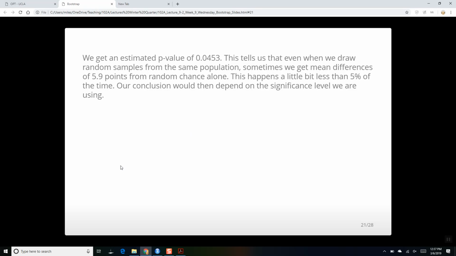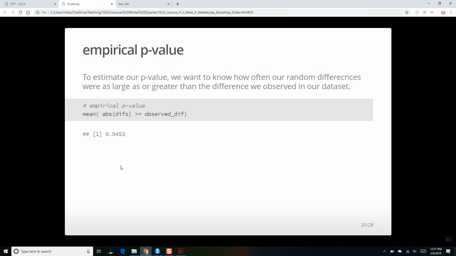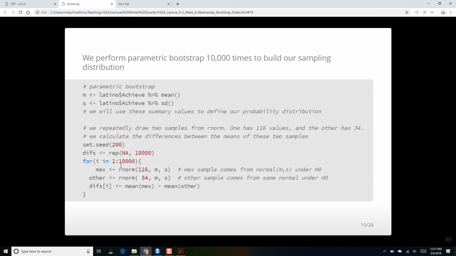So are we using the mean and standard deviation of the sample that we got? Yes, we're using the mean of our sample and the standard deviation of our sample. We're going to assume that the mean of the population is equal to our sample mean, and the standard deviation of our population is equal to our sample standard deviation.